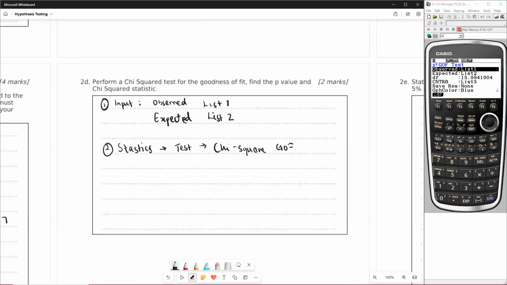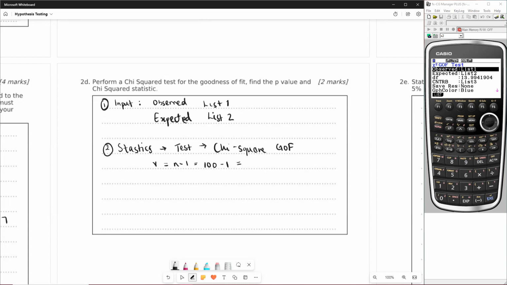Then what we're about to specify here is the V, the degrees of freedom, which most of your calculators write as df. And so that's just the number of observed, take away 1. So in this case, we have to do 100, take away 1.